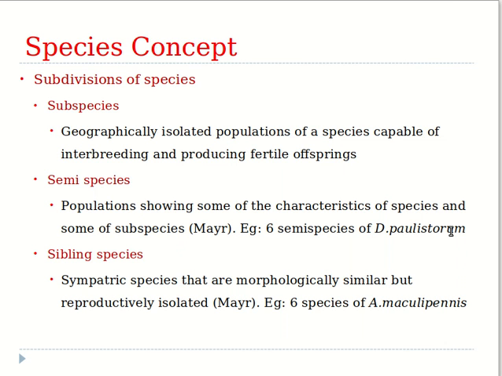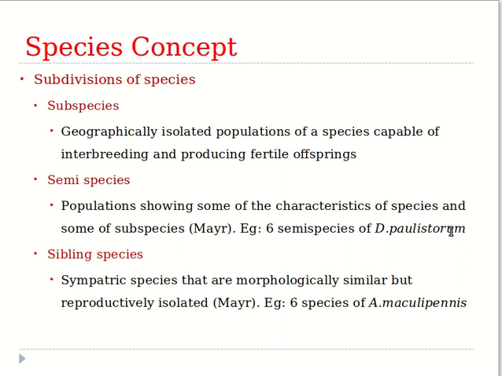Such borderline species are called semispecies. Morphological characters may not be so profound, but it is not completely a subspecies, nor can it be called a complete species. So such species are referred to as semispecies. Now, sibling species are sympatric species.